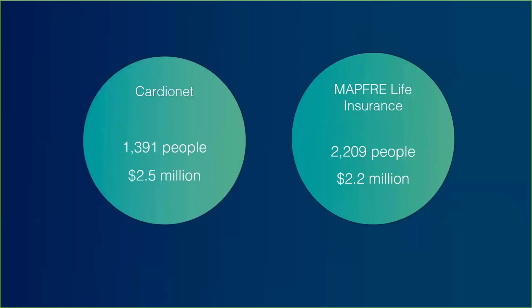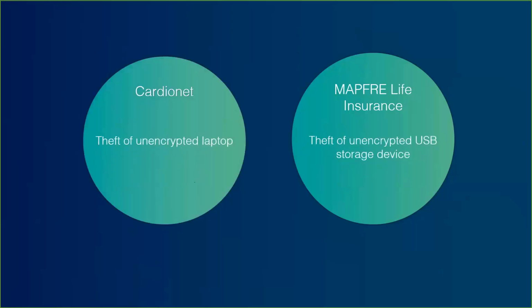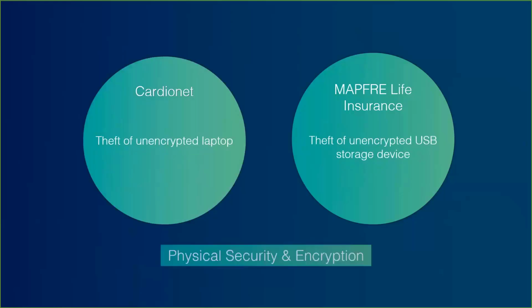So if I were to put these reasons back up here and we were to try and come up with a common thread, some type of preparation or precaution, I would put that into the category of physical security and encryption. So if you have mobile devices or any kind of place that's got PHI, make sure there's physical security to ensure that it's either not leaving the building, that the building itself is locked down, that the information is always locked up.